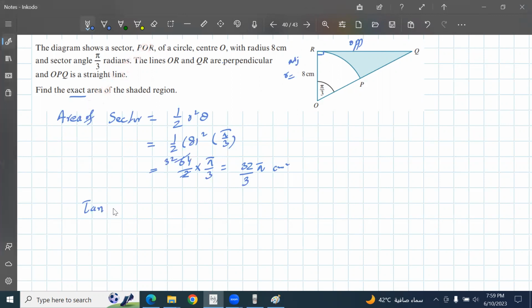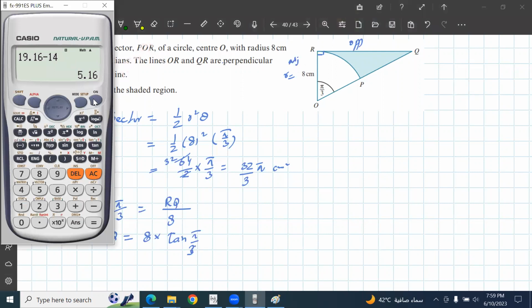So tan of the given angle, which is pi over 3, equals opposite, RQ over 8. So RQ length equals 8 multiplied by tan pi over 3. So you can check what tan pi over 3 is.